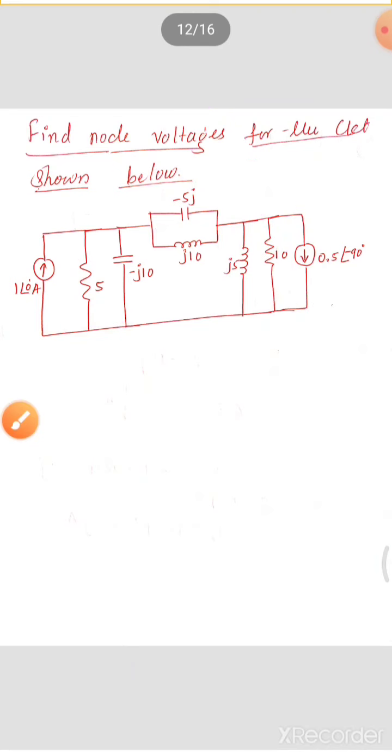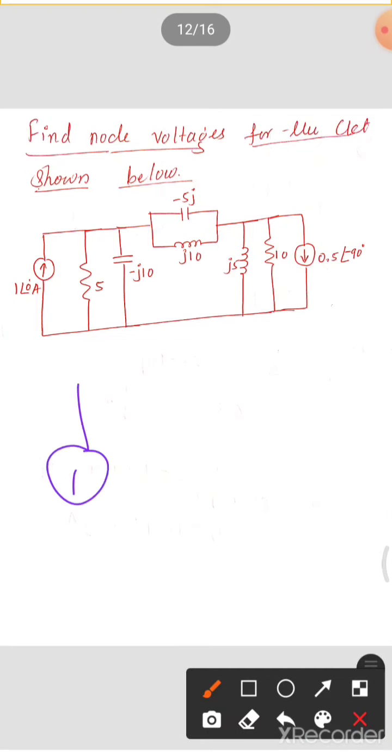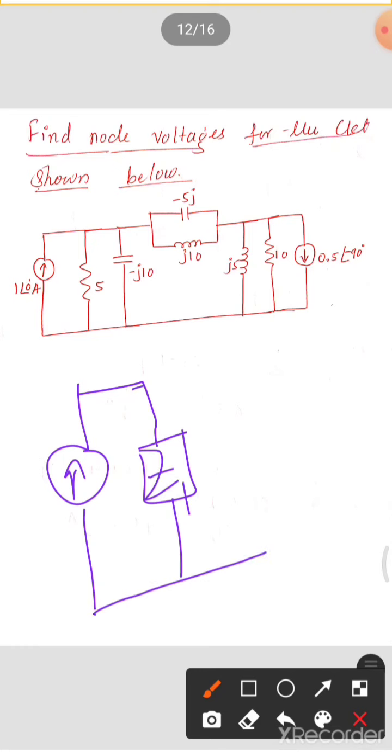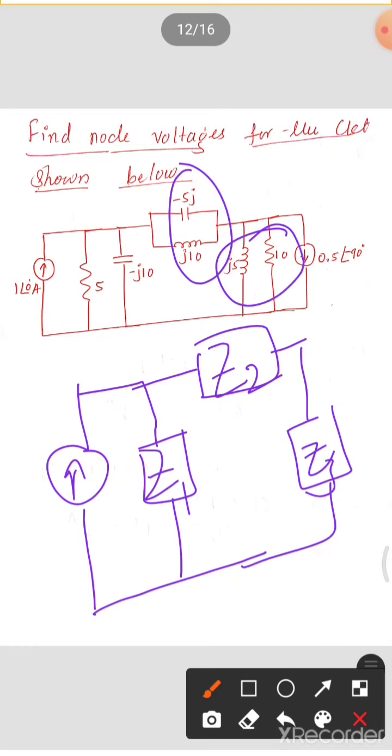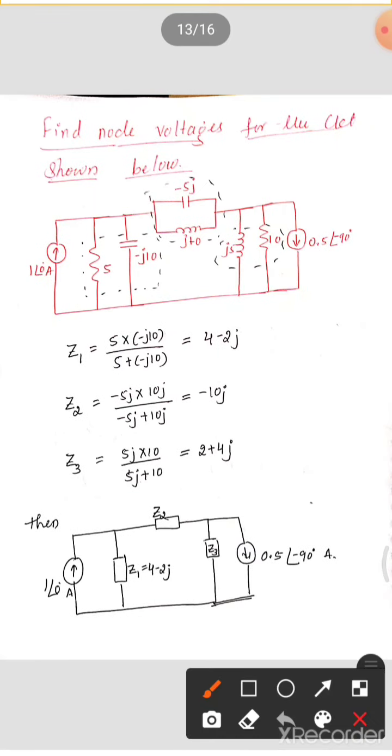Okay, so after calculating, you can get a simple circuit, which is, instead of resistance and capacitor, you have impedance Z1 after calculation, and then here you will have Z2, which is a combination of capacitor and inductance, and then here one more impedance, you get Z3, which is a combination of resistance and inductance, and last one current source. Okay, so let's see how we can do it, right?